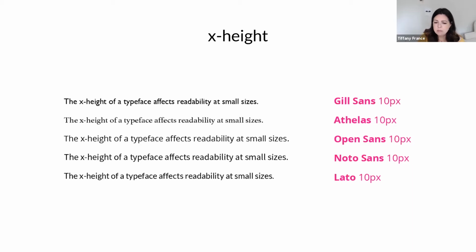Both of these are 10-point pixel size, but they look substantially different because of the height of their x-height. I would say Open Sans, however, has too much x-height. It's too bubbly. It's almost too big. I prefer, again, Lato, which is my example here. I like the height of Lato. I think it's like a perfect x-height for readability.